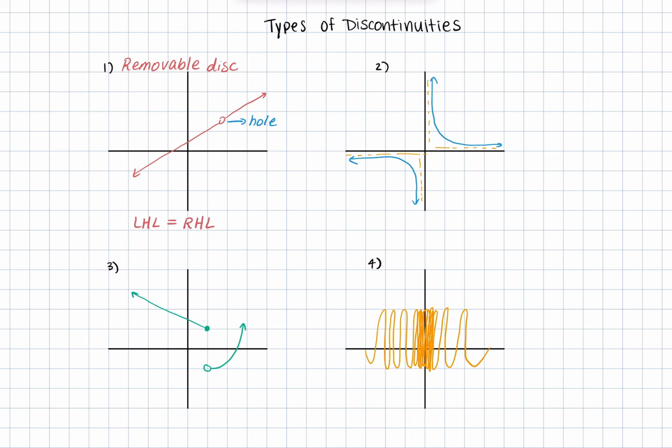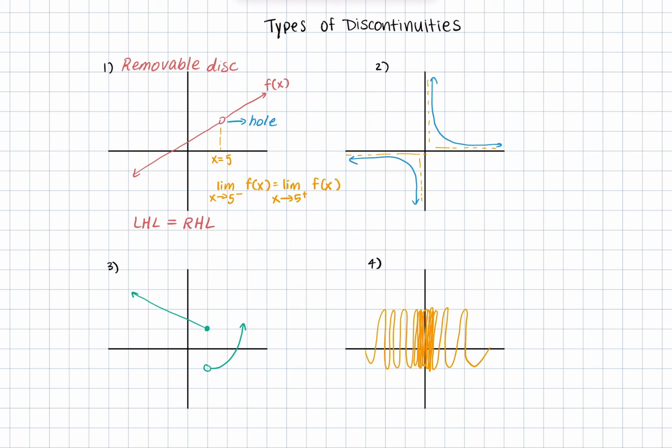Let's make this value x equals 5. So the limit as x approaches 5 from the left-handed side for, let's call this function f of x, must equal the limit as x approaches 5 from the right-handed side for this function f of x.